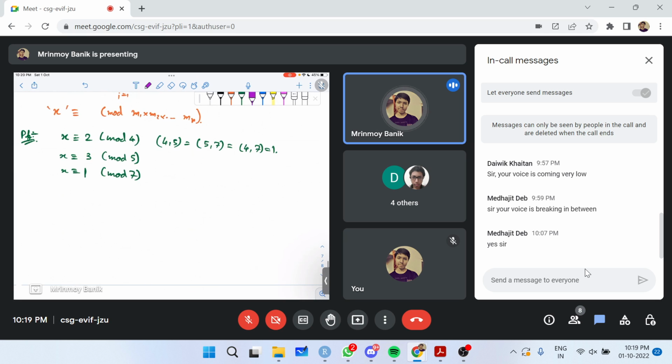The trick here is to consider the product of all the divisors. So 4 times 5 times 7, which is 20 times 7, is 140. So we have this product, capital M.